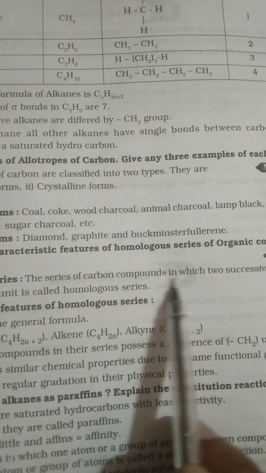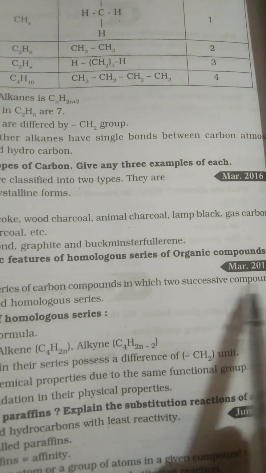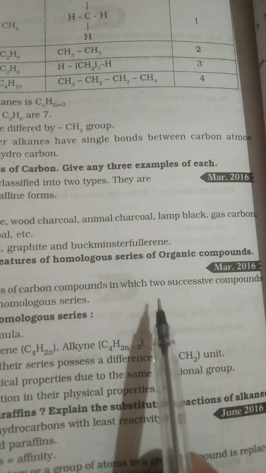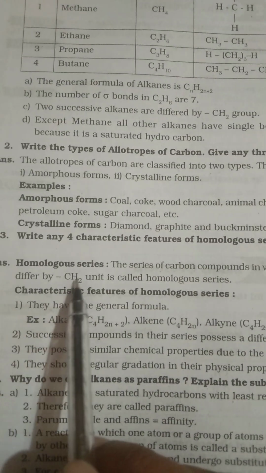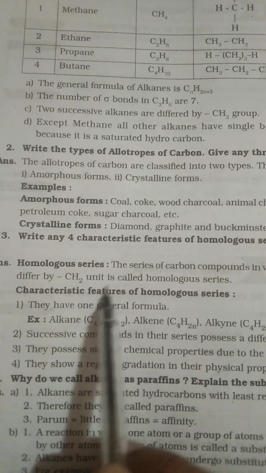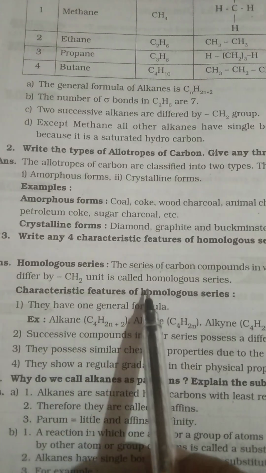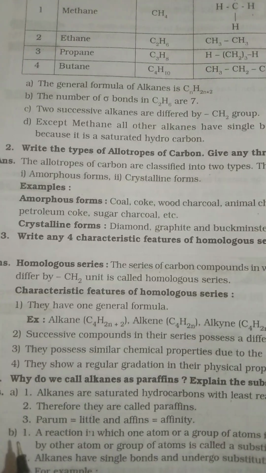in which two successive compounds differ by CH2 unit is called homologous series.